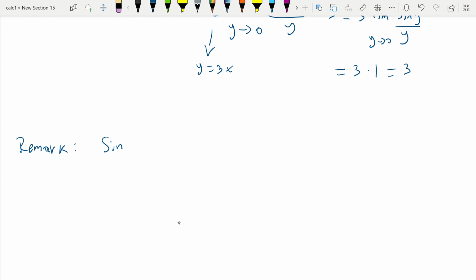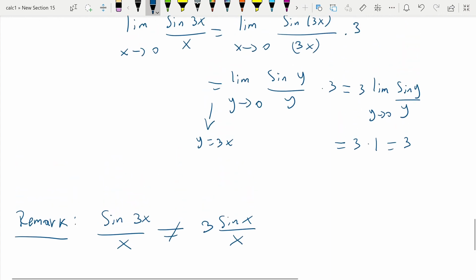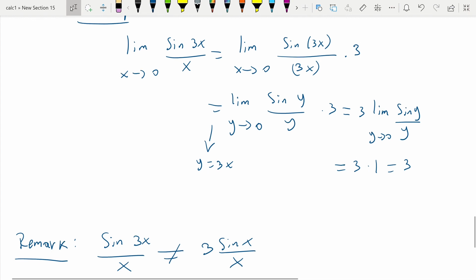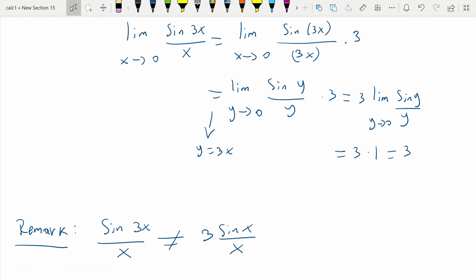Sine of 3x over x is not equal to 3 times sine x over x. If you write this during an exam and try to pull out the 3, it may give you the same final answer: the limit is equal to 3.